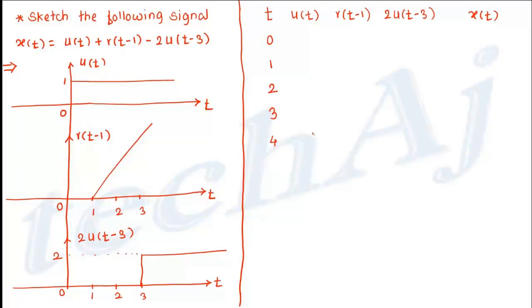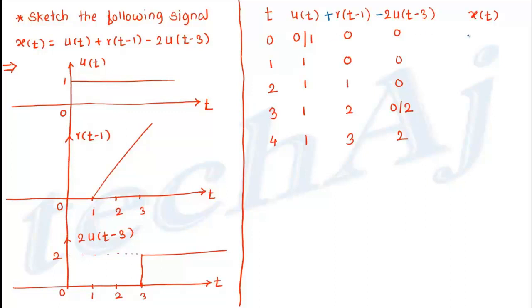Now we know that u of t is changing from 0 to 1 at t equal to 0 and remains 1 for all values of t greater than or equal to 0. So here, while taking the amplitudes, we'll take both amplitudes at t equal to 0, that is 0 to 1 change, and it remains 1. R of t minus 1 will be 0 till 2 and from 2 onwards it increases by 1. U of t minus 3 will remain 0 up to 3 and at 3 it changes from 0 to 2 and remains constant 2.